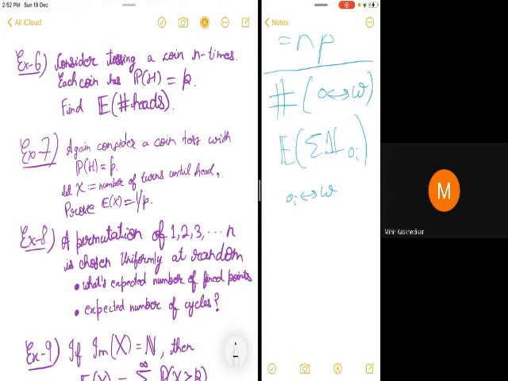And then this will be just the sum of the expected values of the indicator functions, which will just be the sum of the probabilities that O_i corresponds to omega.